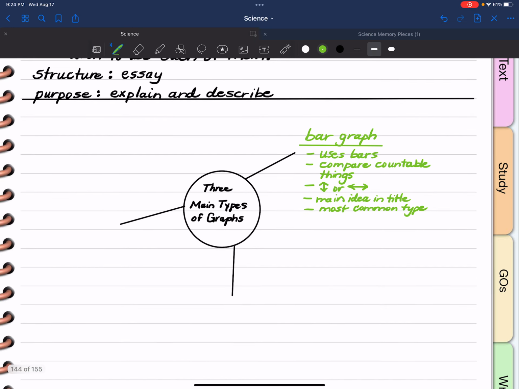Now let me change colors. I'll do red. And let's talk about line graphs. So let's just jot down all the things that we can think of about a line graph. It uses points and lines. And what's the purpose? It shows a trend over time.